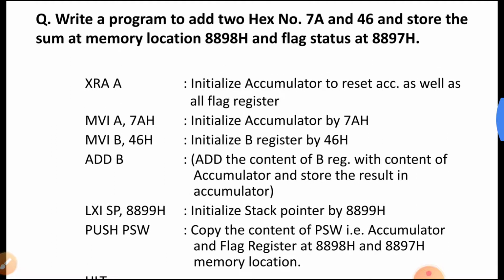So before adding 7A and 46, it is necessary to clear the accumulator first, because whenever we are adding two numbers, there will be changes in the flag status.